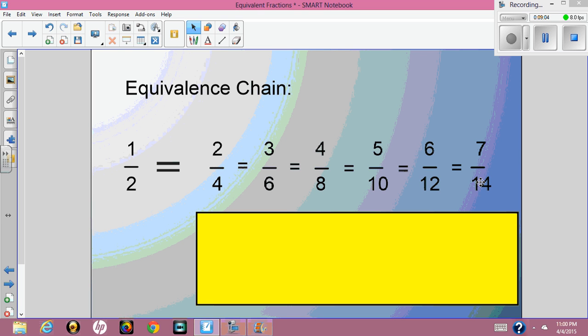What is the pattern that you see with each of these fractions? Do you see a pattern? I'd like you to consider that the numerator in each of these fractions is half of the denominator. Does that help you see our pattern here?